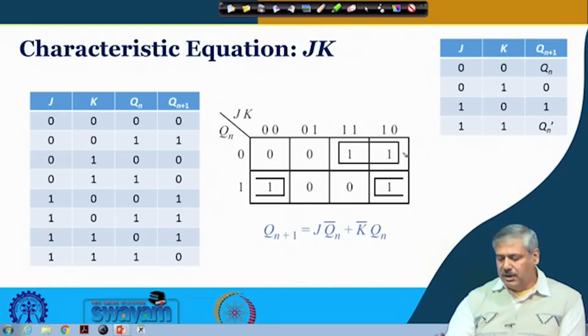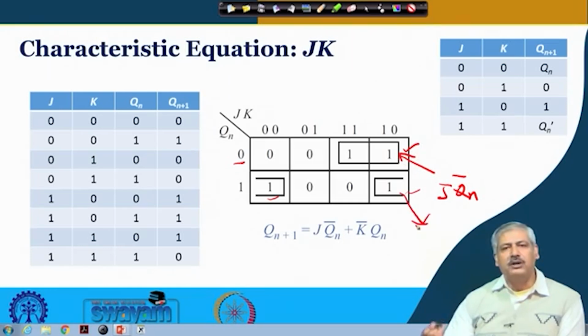So, this is one group which is covering these 2 ones, and this is another group which is covering these 2 ones. And what we see here is that Qn is remaining constant with 0 and J is remaining constant with 1. So, J Qn bar will be one product term, which will represent this group. This group will be represented similar to what we had seen in the previous case.